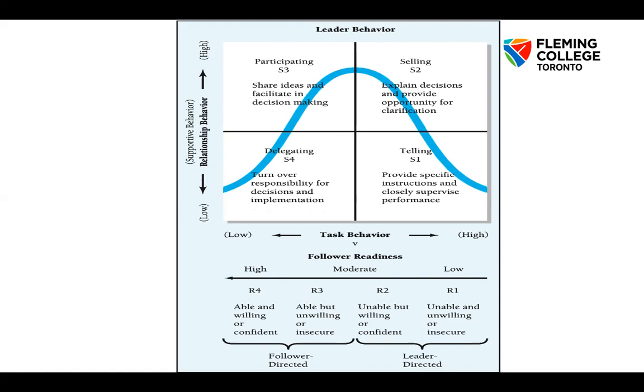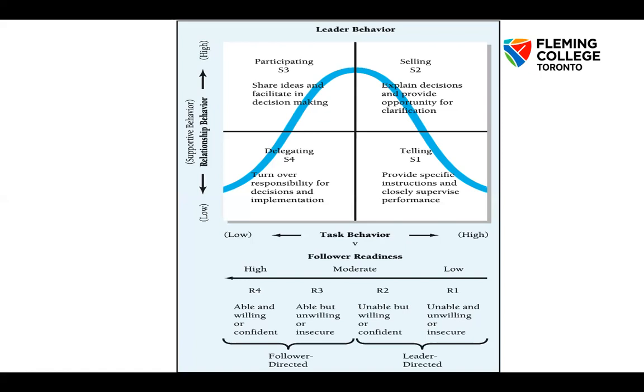So here we can see task behavior and relationship behavior, like supportive behavior. If task behavior is low and relationship behavior is low, then it is delegating. If task behavior is low and relationship behavior or supportive behavior is high, then it becomes participating, where you share ideas and facilitate decision making.